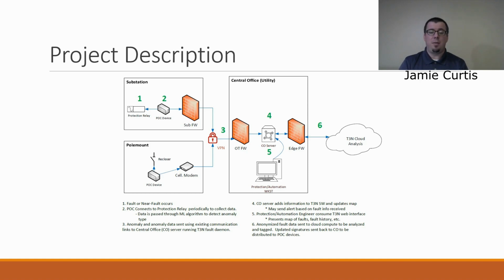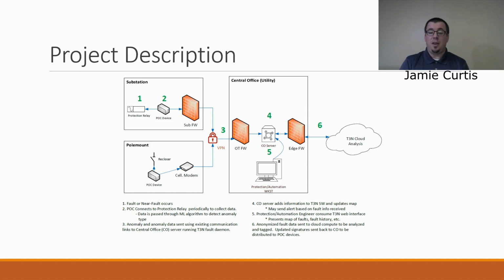The solution begins with an application-specific proof-of-concept field device that detects fault information from intelligent electronic devices in the field and runs the information through our machine learning algorithm to detect the nature of the fault.